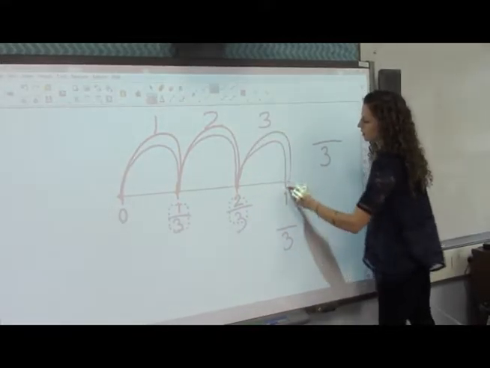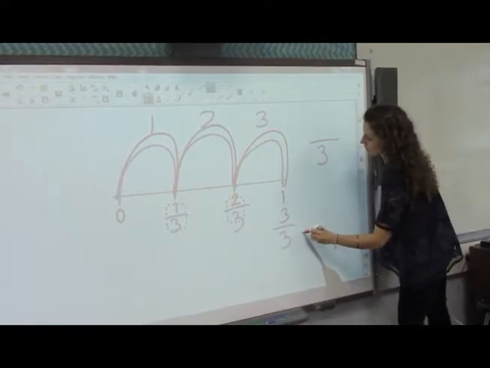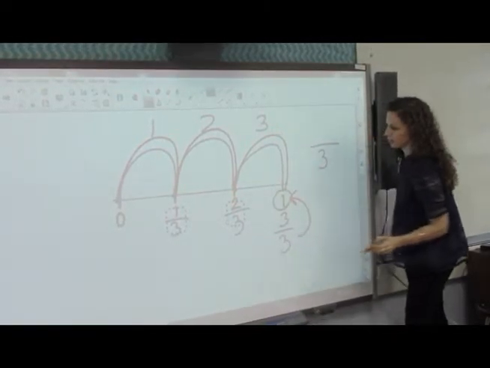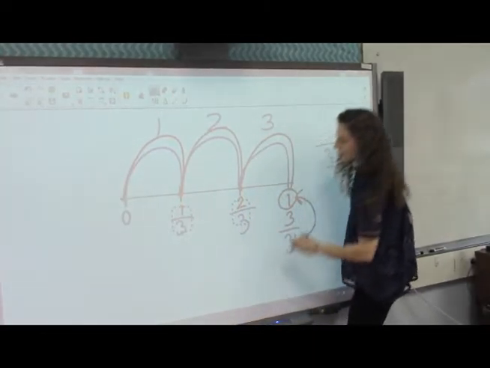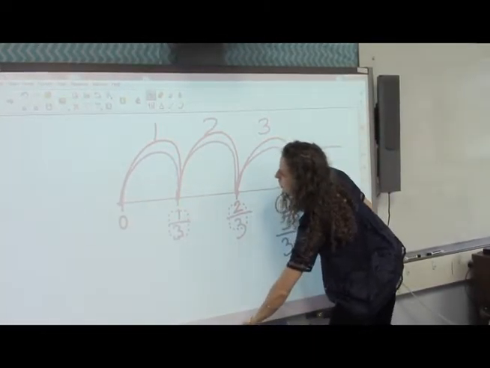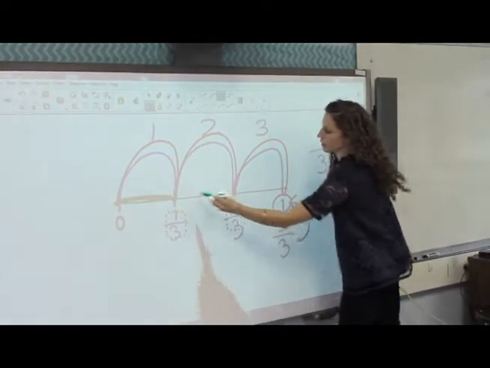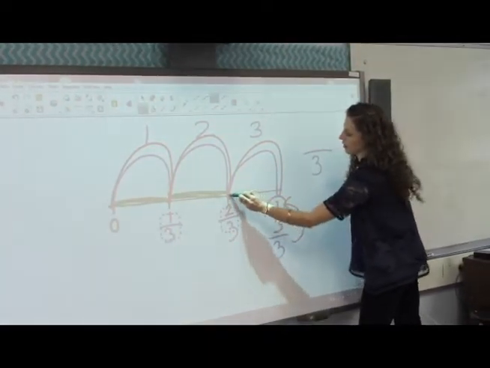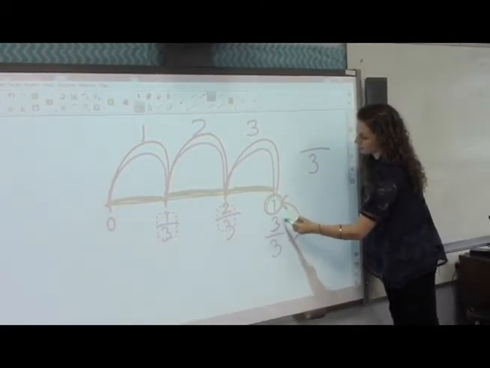And then the third one, of course, is 3/3, okay, which also equals 1. Okay, and you can see that the number line here is actually, let's use the green, is actually divided up. That's 1/3, 2/3, and then 3/3. So if you put them all together, you get 1 or 3/3.